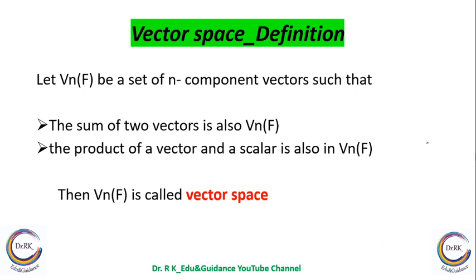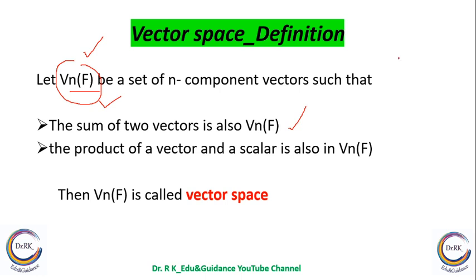This definition is important. Vector space, what is a vector space? Let VNF be a set of n components. VNF is a collection of vectors, with two properties. One is that the sum of two vectors is also in VNF.